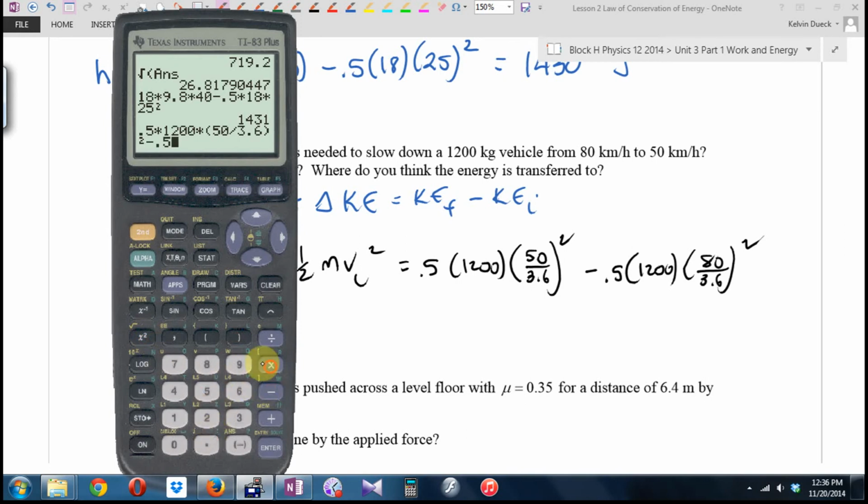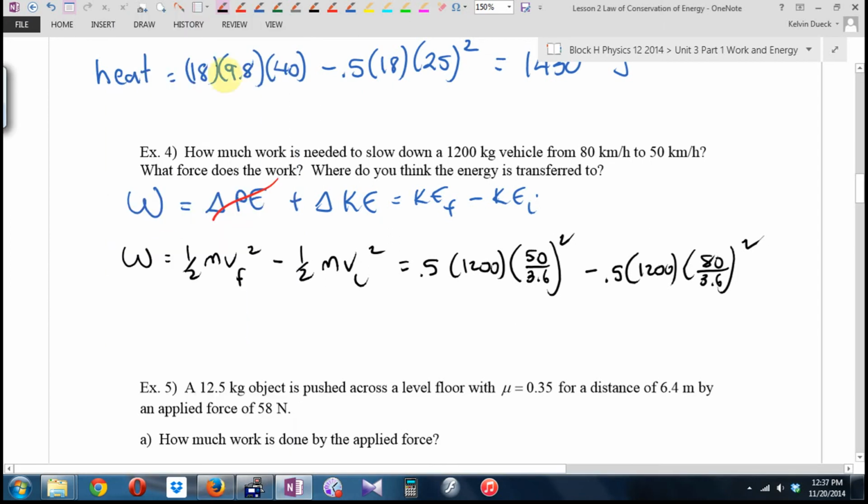Minus 0.5 times 1200 times 80 over 3.6 squared. And I get a lovely, oh yeah, I will get a negative answer. The car's lost energy. I get negative 181,000 joules.